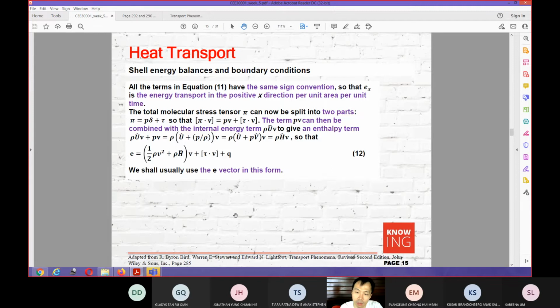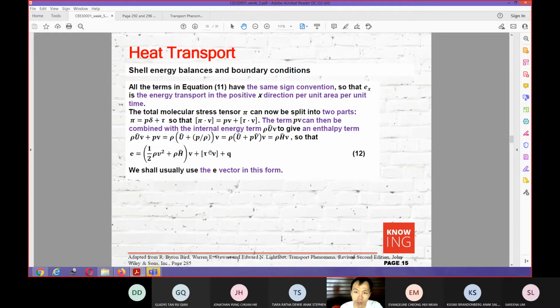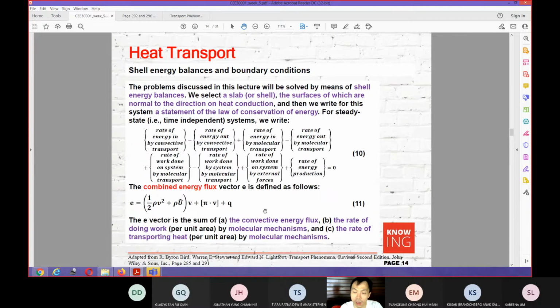What's the difference between these pi terms and this tau term is the pressure. So the pressure is incorporated in here, but in here there is no more pressure. Equation 12 is the one that is used much more with respect to equation 11.